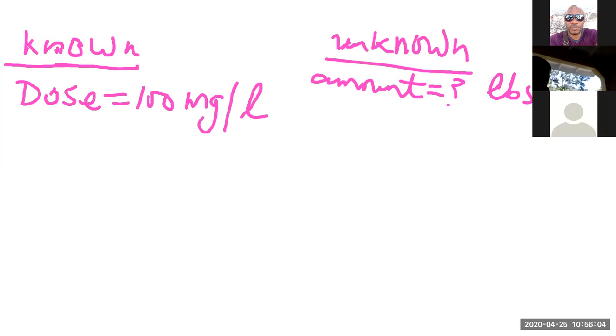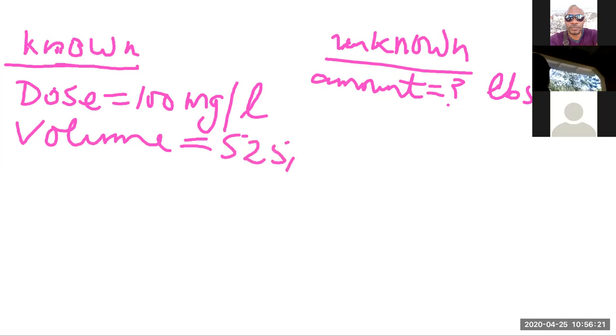We also know a volume in this case. The volume is 525,000 gallons. That's your storage tank.